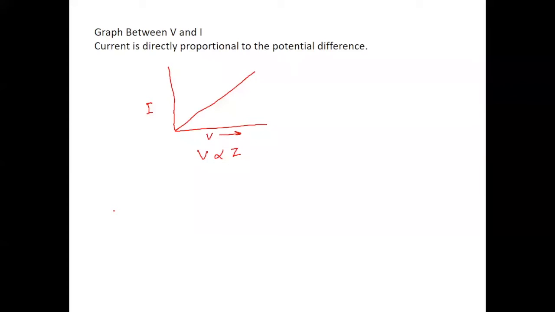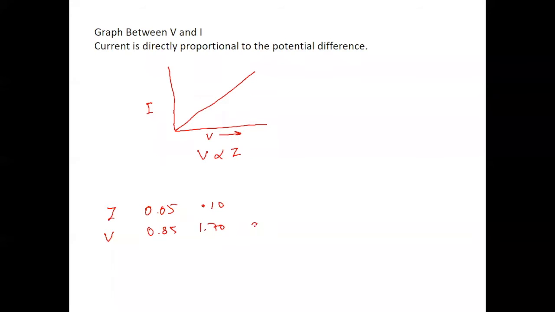If you go to your school, you can check this when you make any circuit. For example, if current is 0.05 and voltage is 0.85, then we increase the voltage to 1.7 and the current is 0.1.